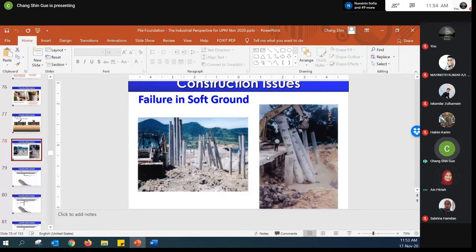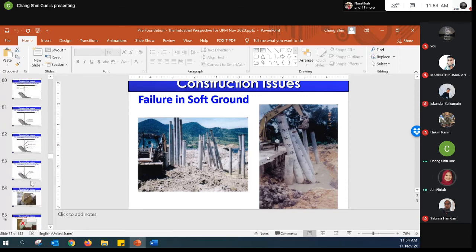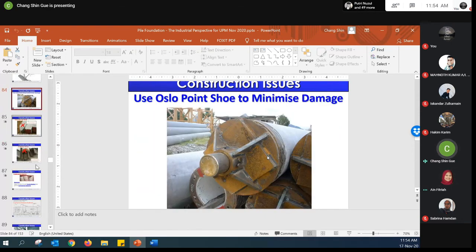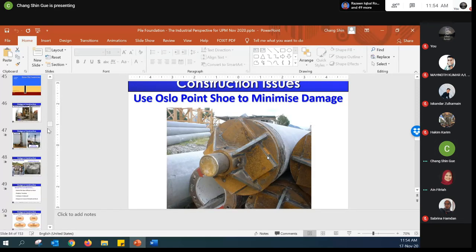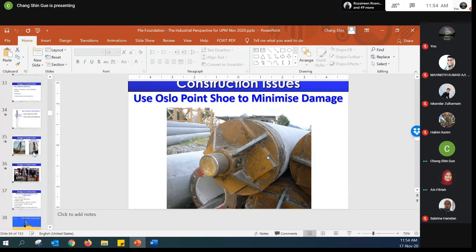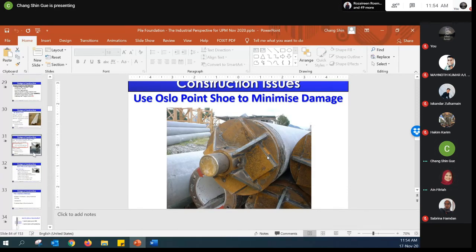You can see the piles actually on top, there are no bars on top. Square pile, okay, if I go back to this one.